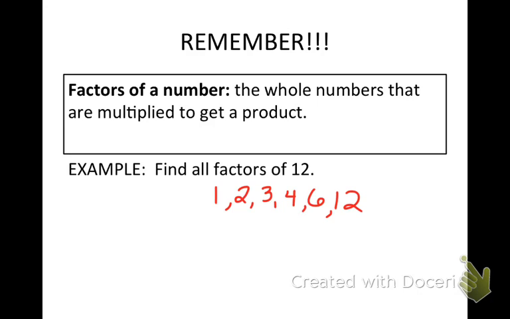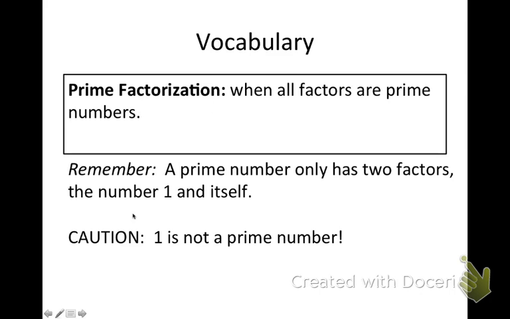All right. So now, if I wanted to take something to its prime factorization, we have to think about what prime numbers are. When you take something to a prime factorization, it's when all the factors are prime numbers.